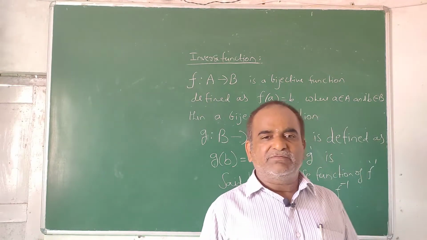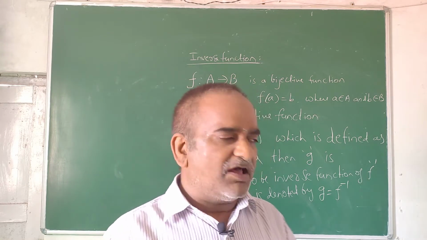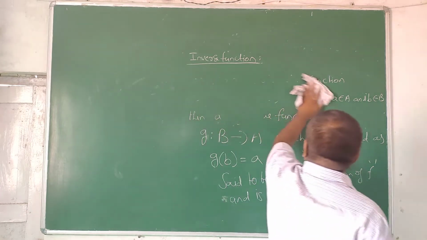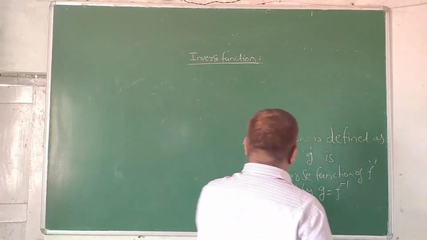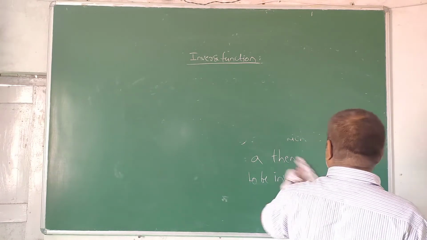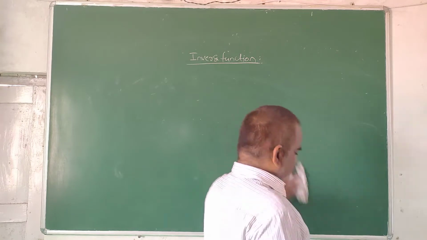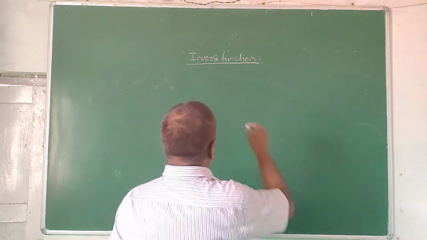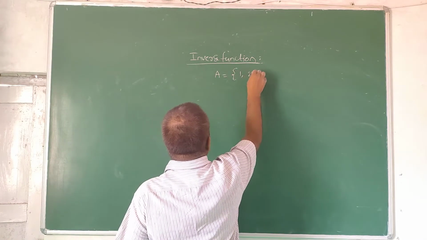Now I will take a small example and I will make you understand with an example. See here. Suppose A is equal to 1, 2, 3, 4.